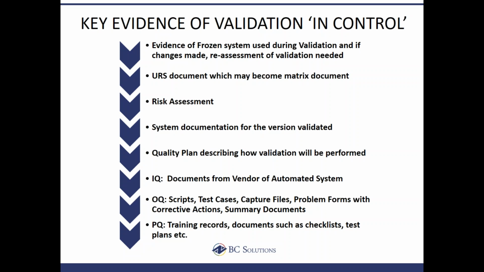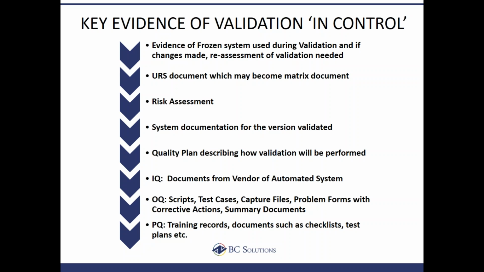So we're showing them that they should get the correct impression that you are in control, and it starts with the fact that you froze your system, you validated, any changes you needed, you made them, and a reassessment of the rest of the validation activities that you need to do is made.